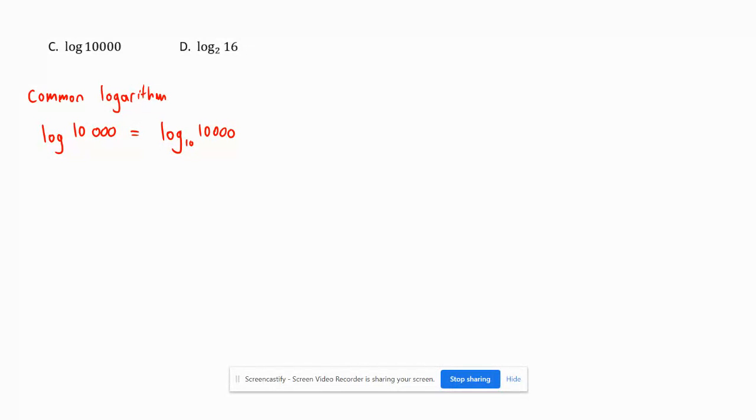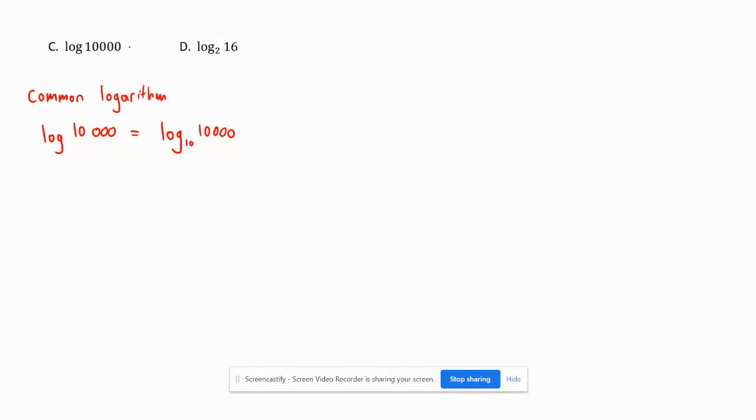If we do not write a base, we're going to assume that the base is 10. Later on, not in this course but in calculus, you'll learn something called the natural logarithm. It's the same exact idea, except the base is a different number other than 10. But for a common logarithm, log of 10,000 means the same thing as having a base of 10.